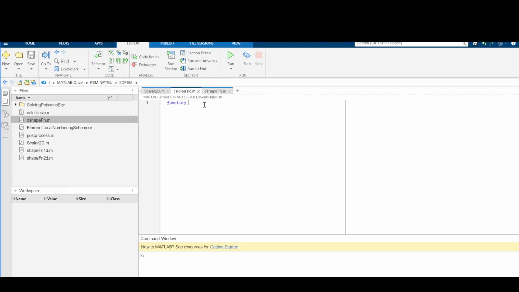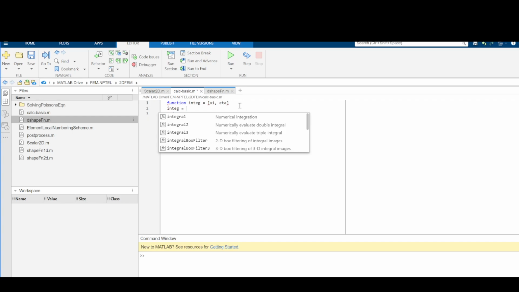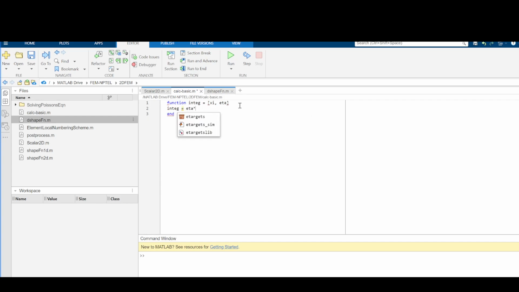So suppose I define a function that gives me some integrand as output, and takes input as the xi and eta values, right? How do we end a function? It is end. Now I'll give, say, eta times xi.